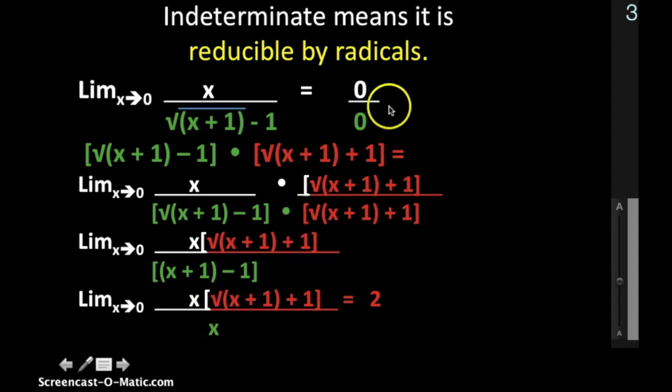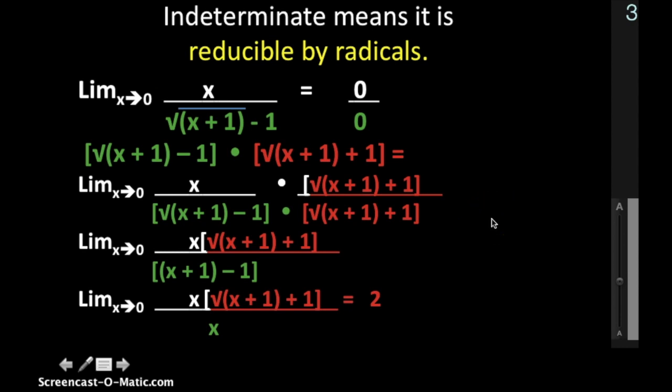See, that's usually what 0 over 0 indicates, is you're going to reduce the fraction, possibly completely reduce it and put it away. So now I come back and I plug in the 0 and I get 2.